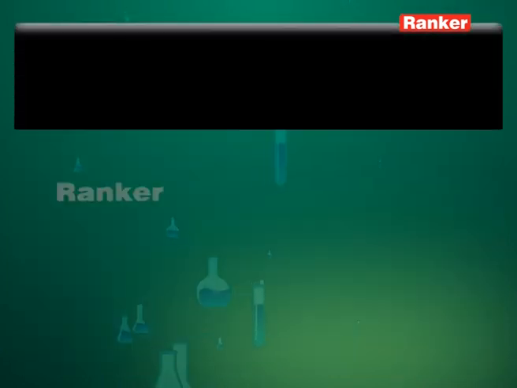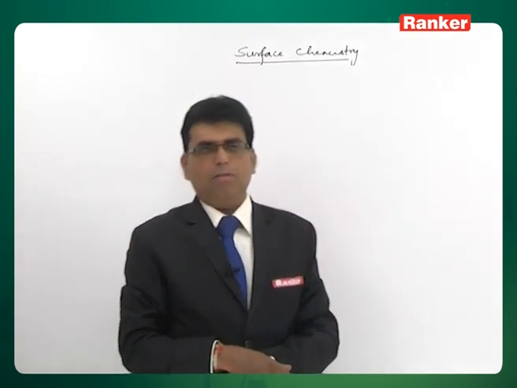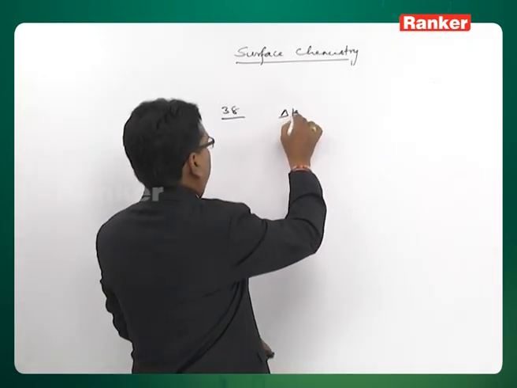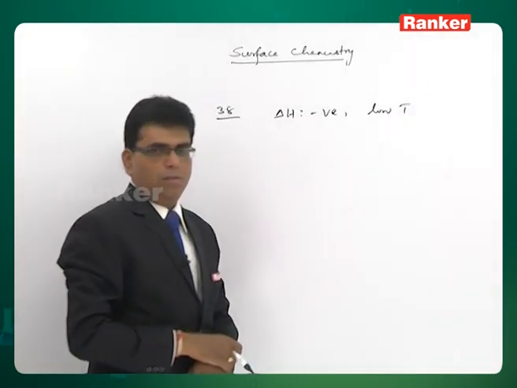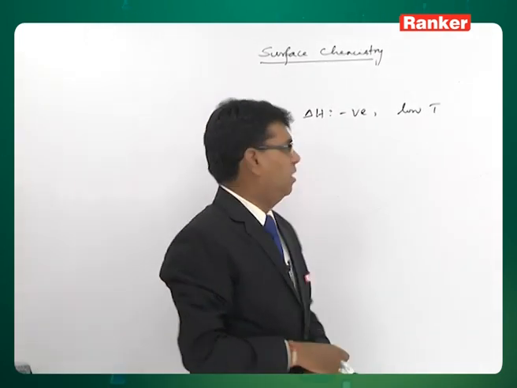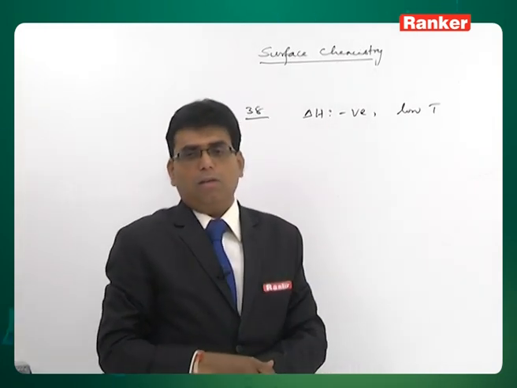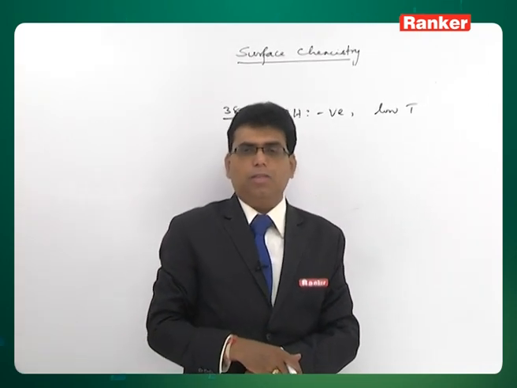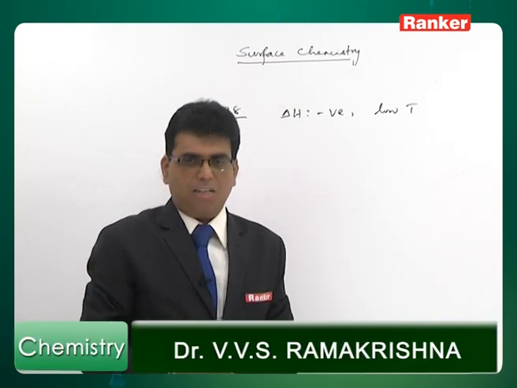Question number 38. Which of the following is true about the effect of temperature and adsorption? Physorption increases with rise in temperature. Physorption decreases with rise in temperature, because delta H is negative. So, low temperature requires physorption. Chemisorption decreases with rise in temperature. Either it is chemisorption or physorption, delta H is negative. So, we think chemisorption decrease with increase in temperature is correct, but initially it will increase.